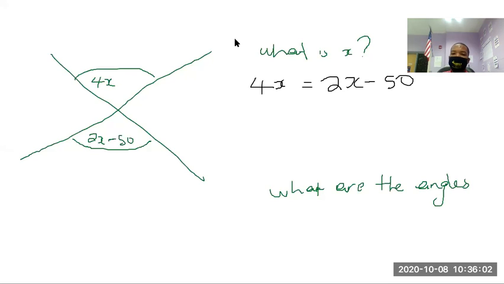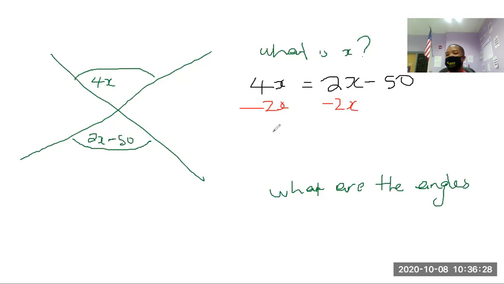I'm going to get this 2x on that side, and this is why we want to do the additive inverse on the 2x. The goal is to get the x's on one side and everything else on the other side. Since this 2x is the only thing stopping me from having the 50, I'm going to move the 2x instead of the 4x. So minus 2x, minus 2x.